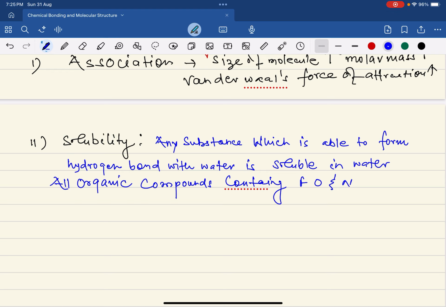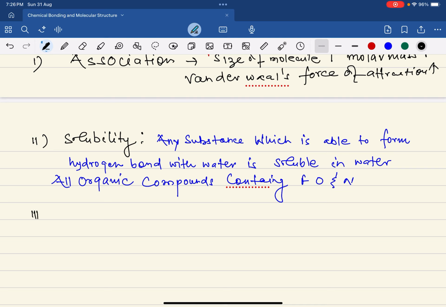Number three, physical state. This is very important. A very simple example: H2O and H2S are hydrides of the 16th group. H2O is liquid, but H2S is gas.